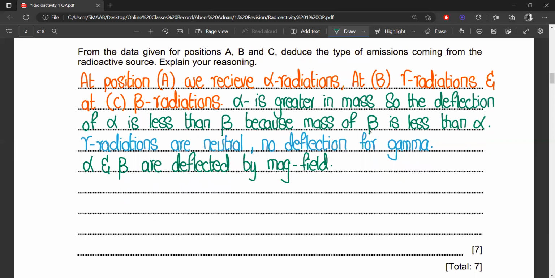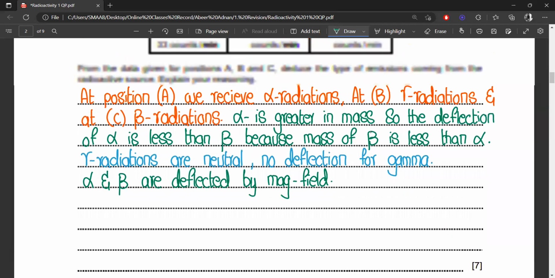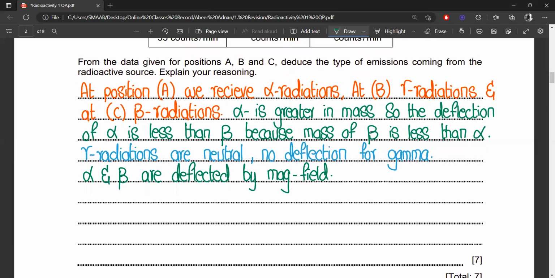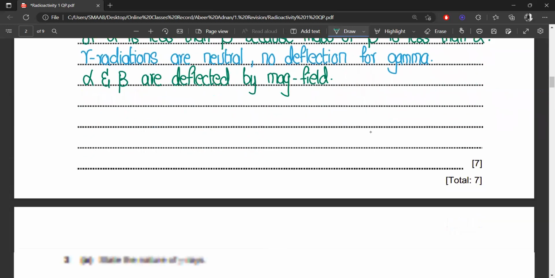Okay. So in short, these are all the relevant points, and you may also write in detail by explaining each point.